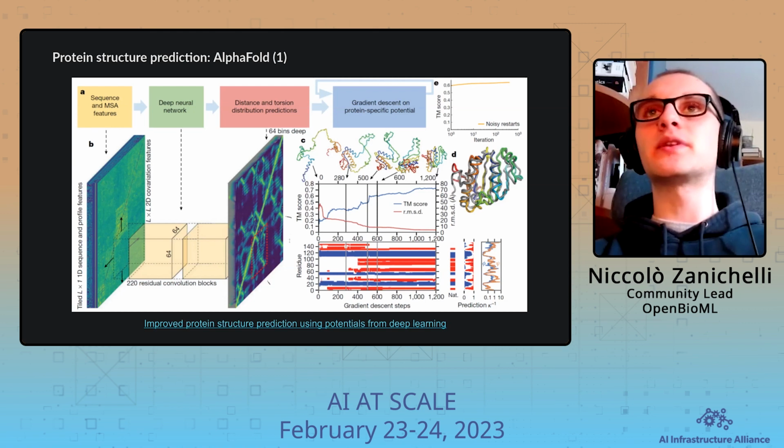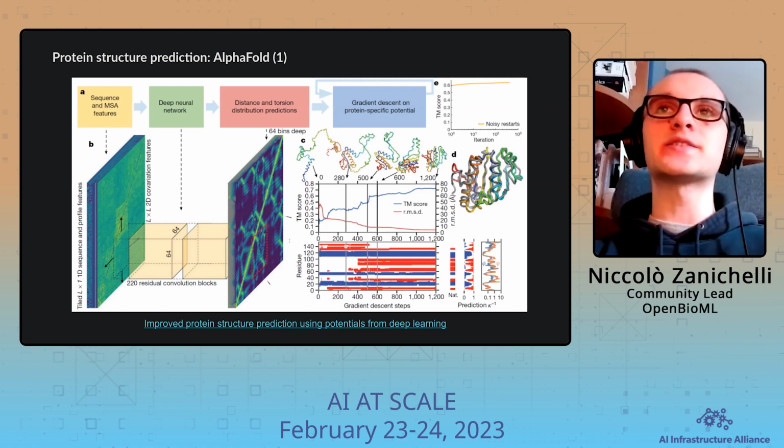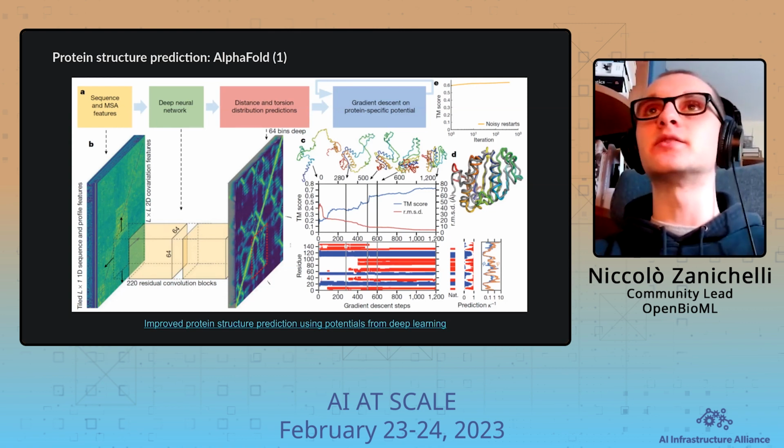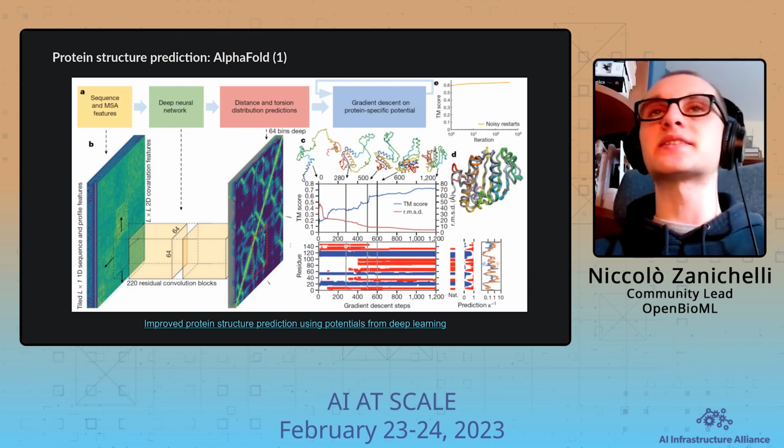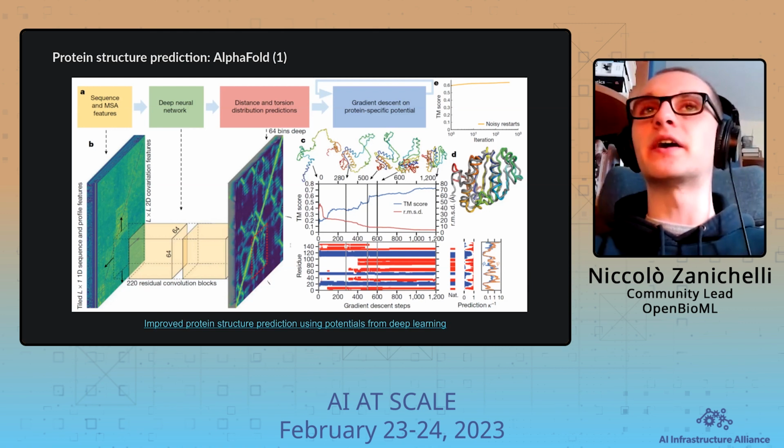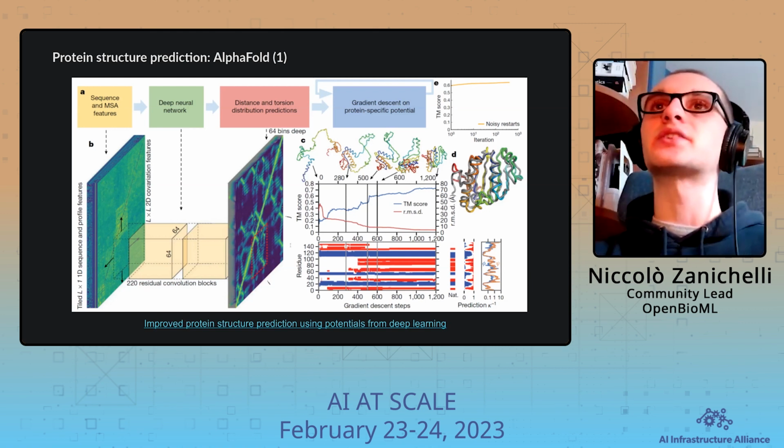AlphaFold 1's output is a distance matrix, which quantifies what the model believes to be the distance between every pair of amino acids. This distance matrix is used as input for a process based on gradient descent, which minimizes a set of protein family-specific energy potentials and attempts to find the resulting tertiary structure.